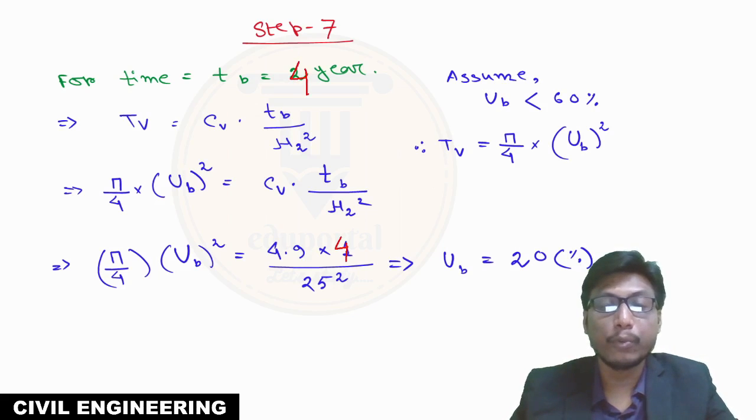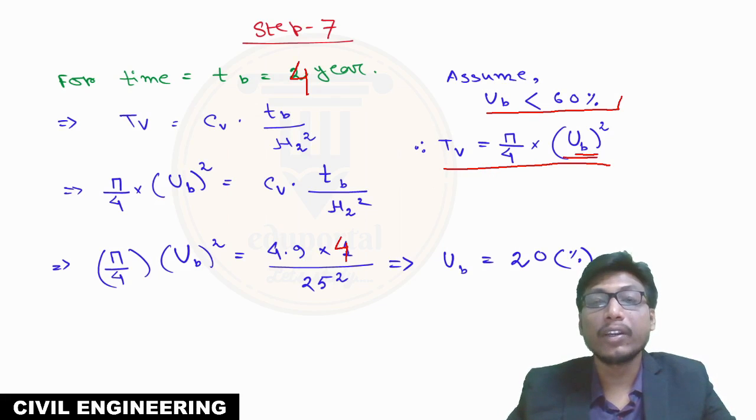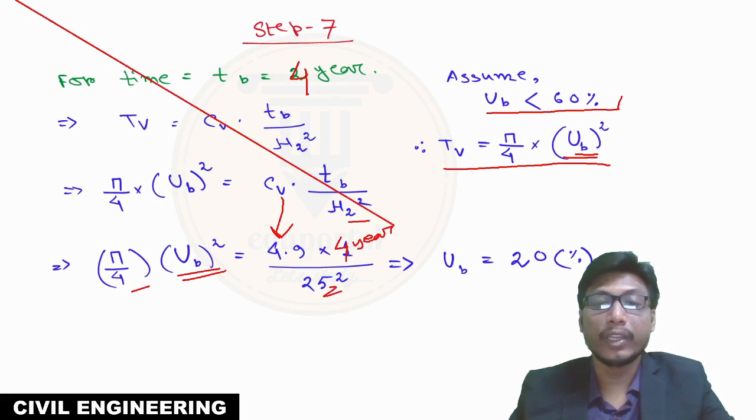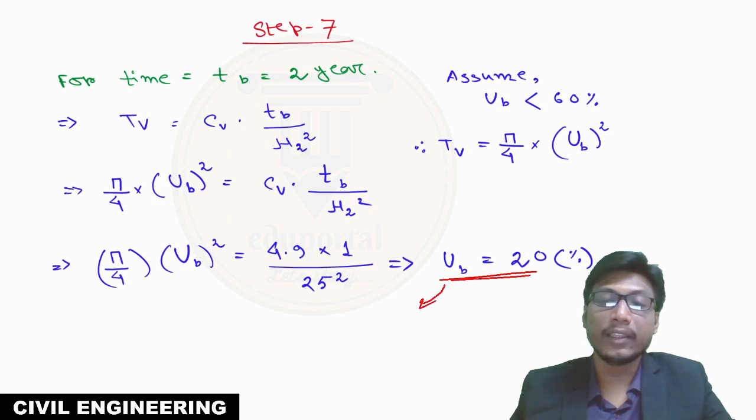After 4 years, if we put all these values, again we assume that the degree of consolidation is less than 60%. So TB will be pi by 4 into UB square, where UB is the degree of consolidation after 4 years. CV will be same because the soil type is same, TB is 4 years, H2 is equal to 25, and here we get UB, the degree of consolidation, as 20%.